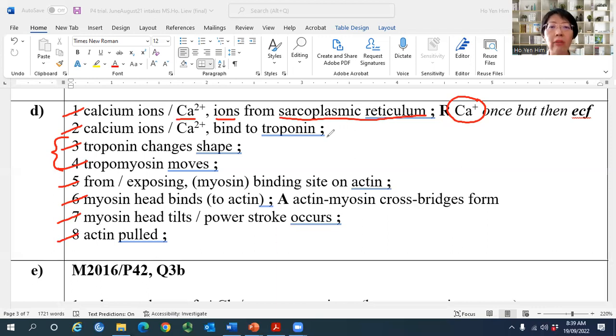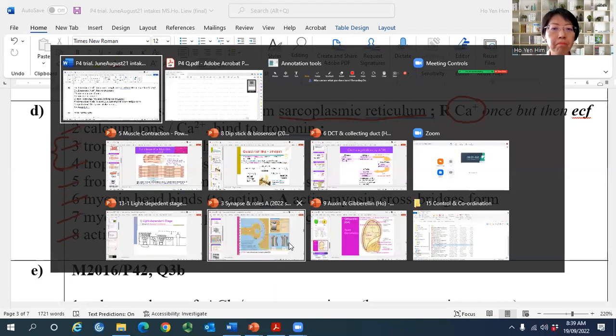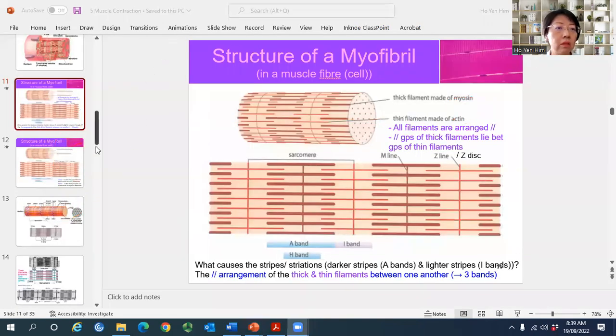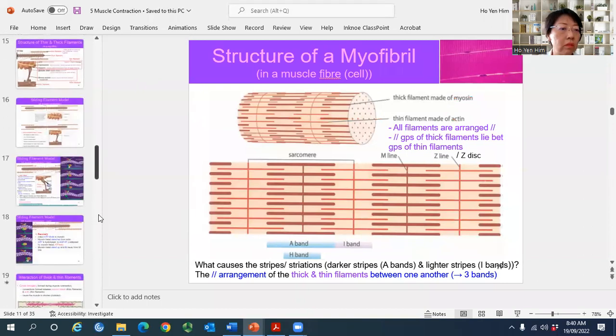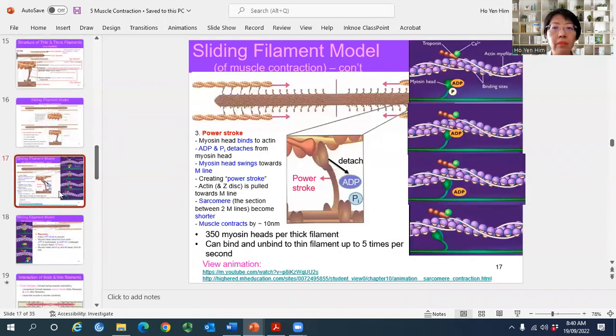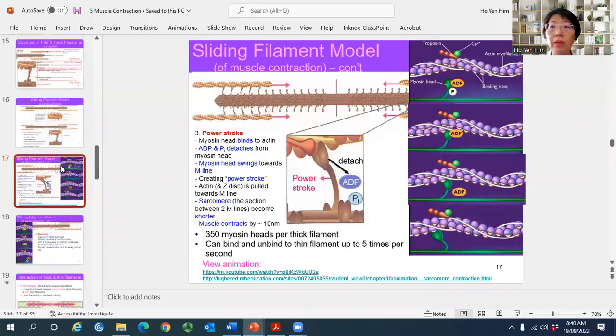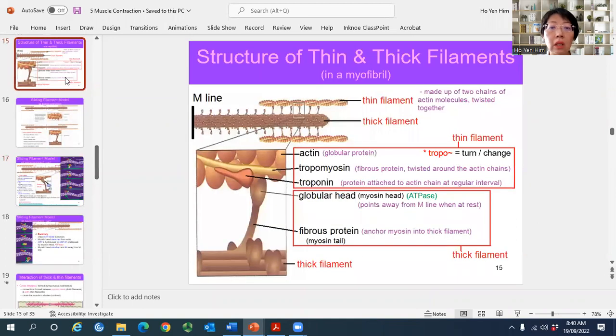So let's look at the diagram to describe this part. Okay, so start from here. You see carefully here, this is the thick filament and this is the thin filament.